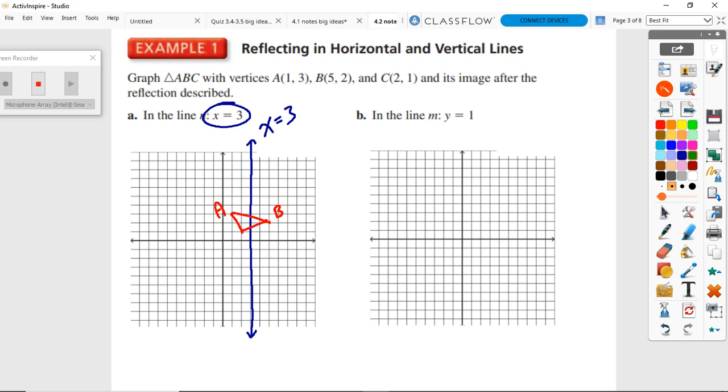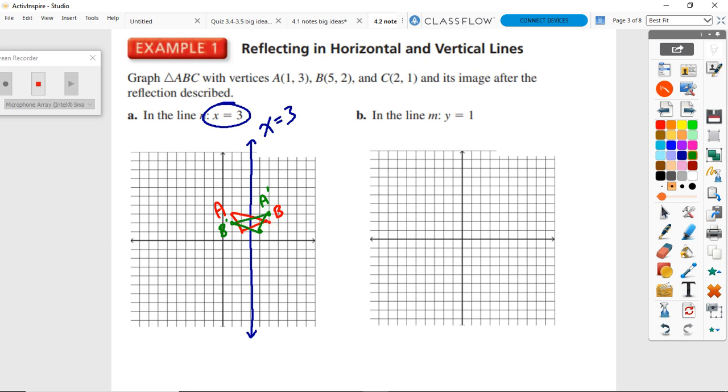So now the way you do this is if A is 2 units to the left of the vertical line x equals 3, then A prime will be 2 units to the right. B is 2 units to the right, so B prime will be 2 units to the left. And then if C is 2, 1, then C prime will be 1 unit on the other side of the line.